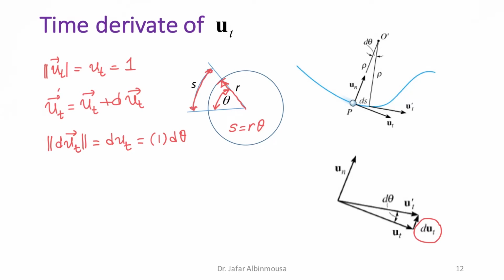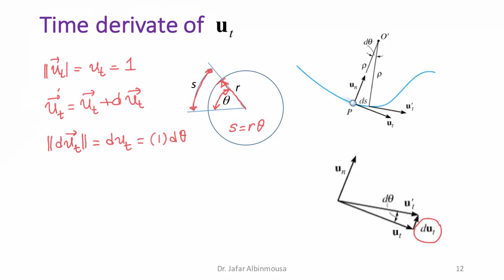Using the same analogy over here, du, its magnitude, which is the length, is equal to the radius, and the radius here is the magnitude of ut, multiplied by the change in the angle.